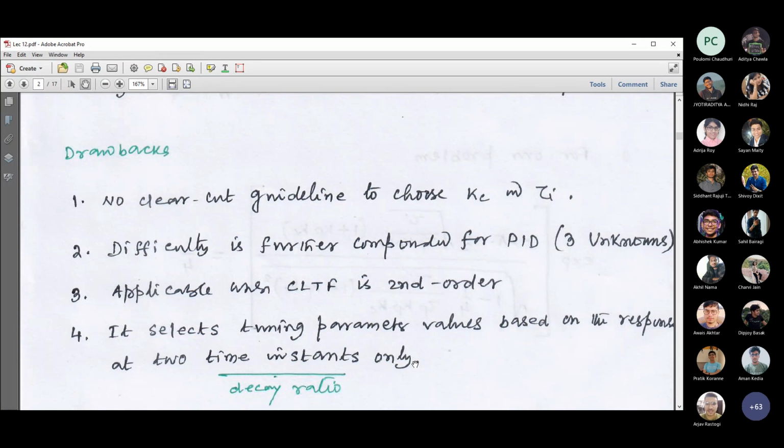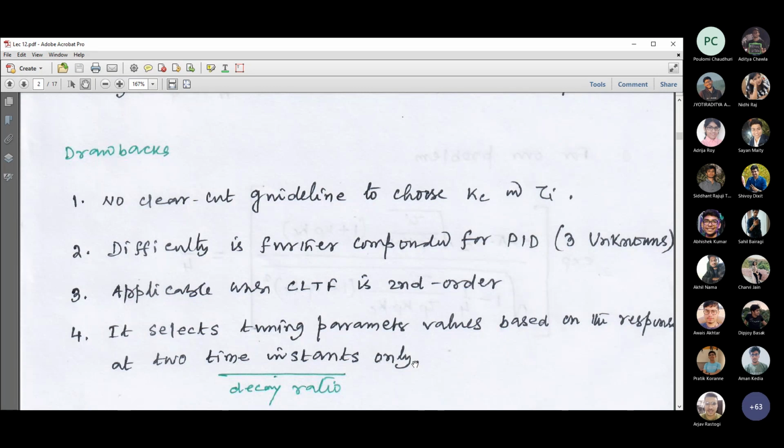And another important point is that it selects tuning parameter values based on the response at only 2 time instants. If you recall the plot, this decay ratio is basically C by A. So C corresponds to 1 time instant and A corresponds to a second time instant.